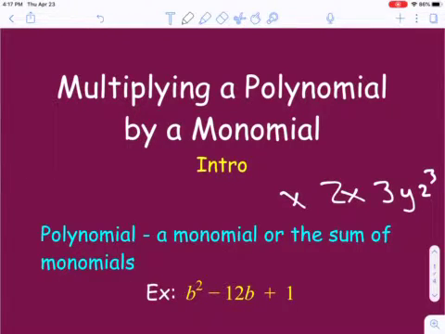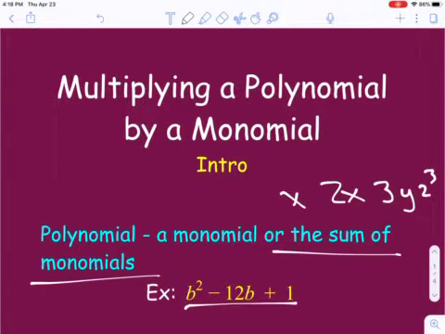It can be anything like that, but there's no plus and minus signs in it. A polynomial can have plus and minus signs in it because that's where the sum of monomials come in. And when they're talking about minus and how that applies, think of minus as a sum of a negative number. All right, and so this right here at the bottom is an example of a polynomial.